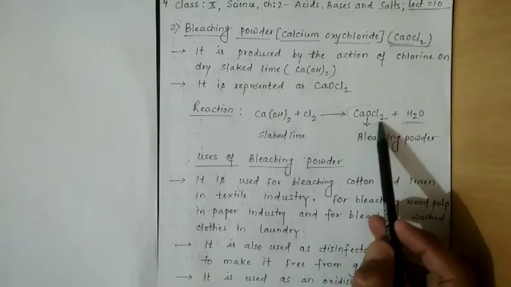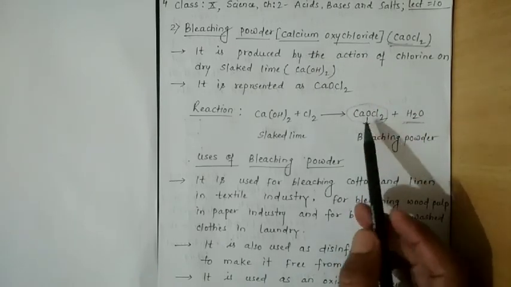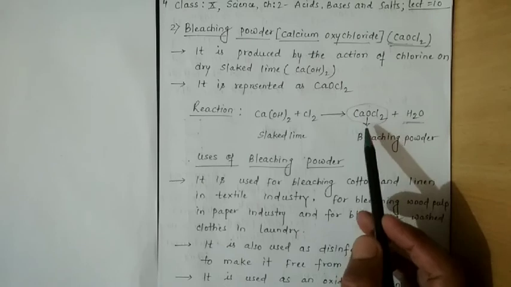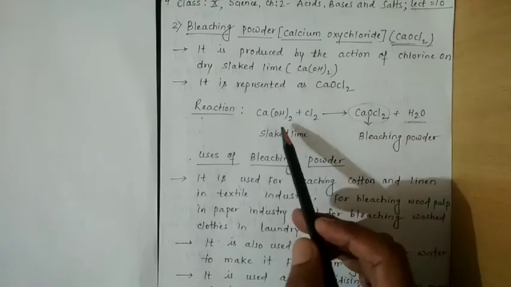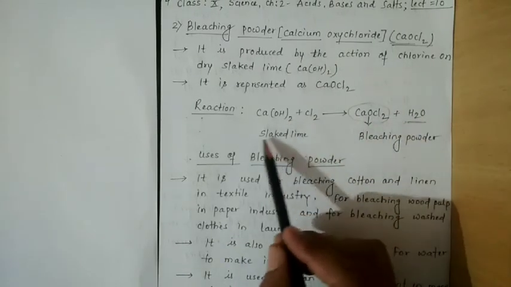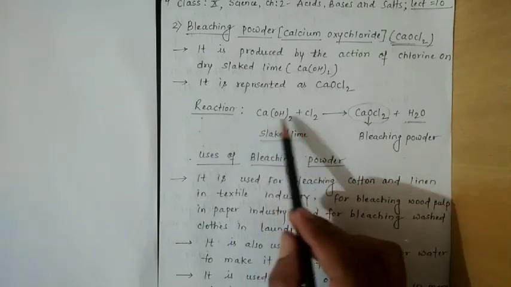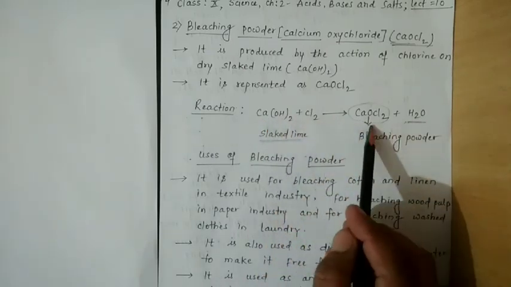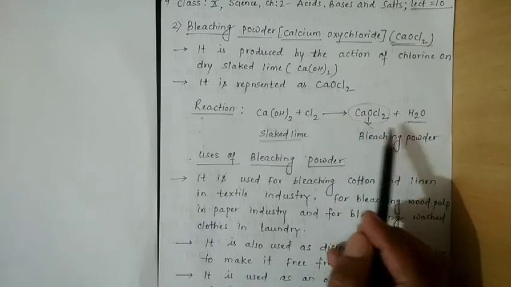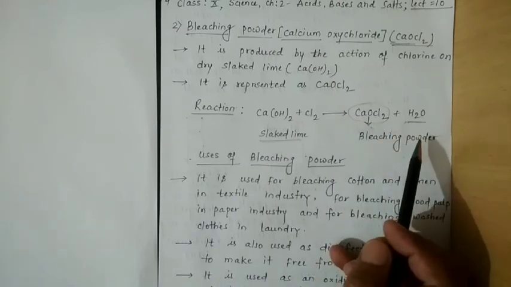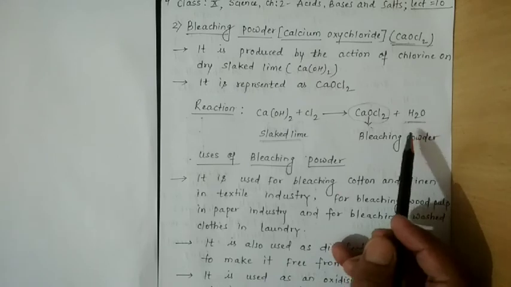So this is termed as the bleaching powder. Ca(OH)2 is this slaked lime and chlorine gas is passed through it. So we get calcium oxychloride and water is obtained as byproduct.